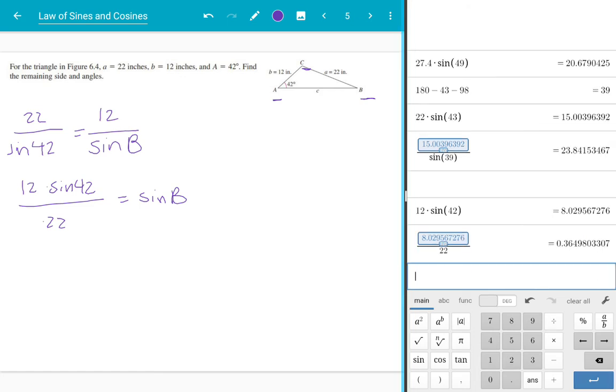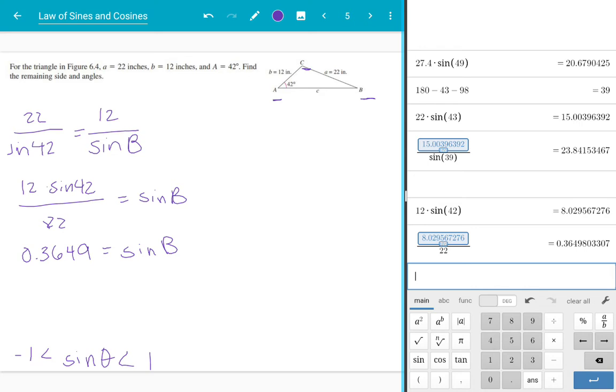Notice that we're going to get about 0.3649 is equal to the sine of B. Now keep in mind, we solved trig equations already, that this value needs to be between 1 and -1, right? Sine does not pass those values. Sine is always between -1 and 1. So just make sure that that's the case. It is here, so now we can solve it.